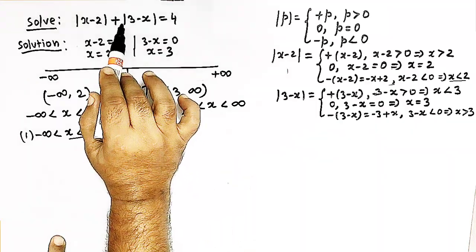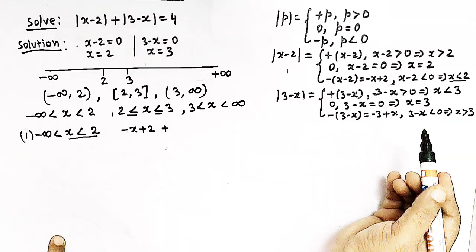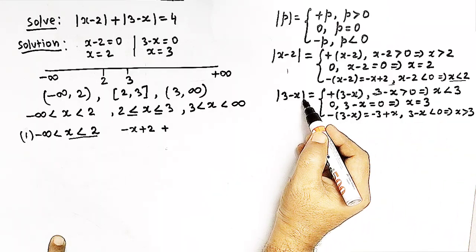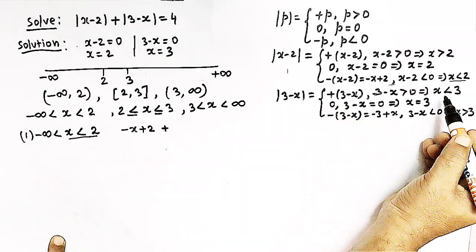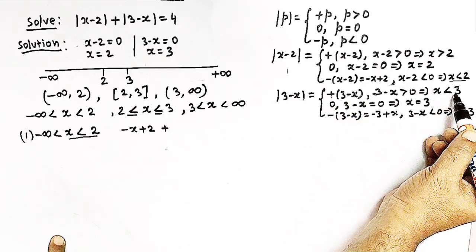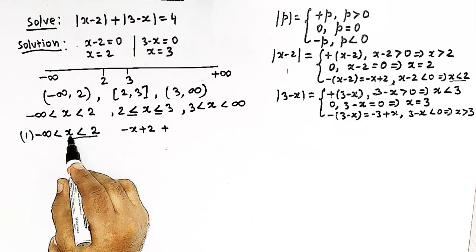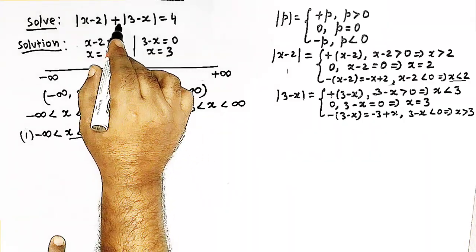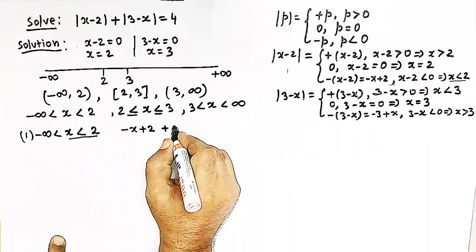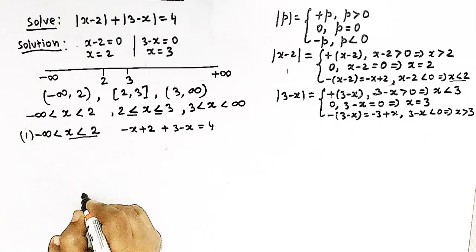And here we have mod of 3 minus x. So in this case we'll write mod of 3 minus x equal to positive 3 minus x, because x is less than 3, and here we are taking the interval x less than 2. So mod of 3 minus x is simply 3 minus x, and here we have 4.